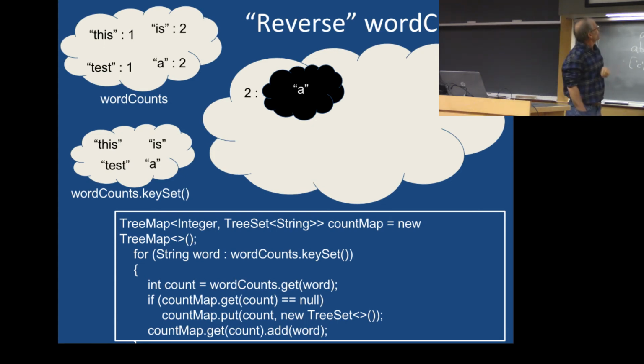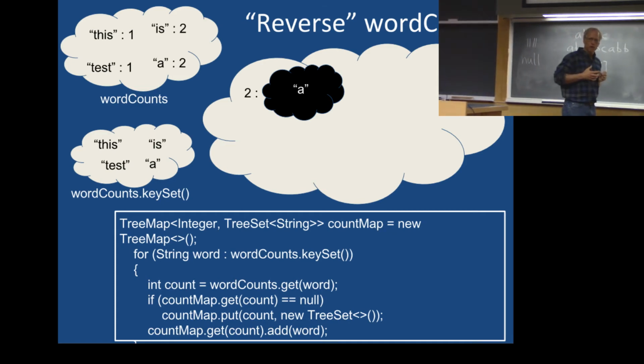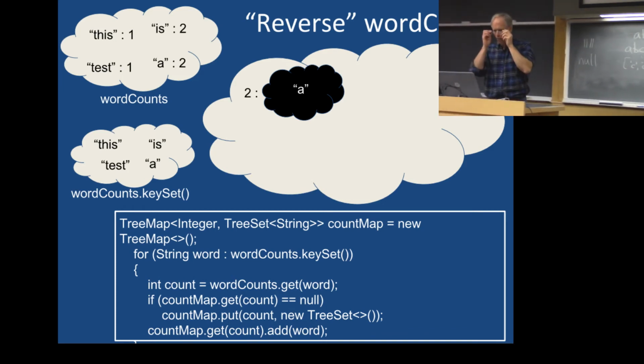Then we're going to look up 2, the count. And what will we get back? We'll get null back? No. We'll get back that black cloud. And so then we skip the if and we fall down to this last statement, which gets the black cloud out by looking up 2, and then it adds is to it, and it looks like that. Now the black cloud contains 2 things.